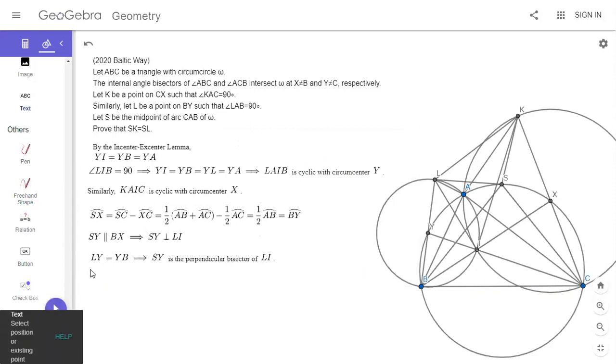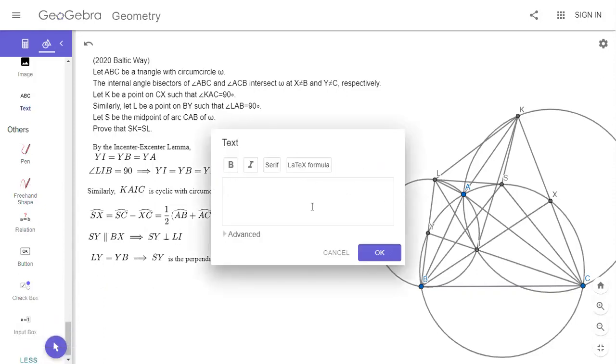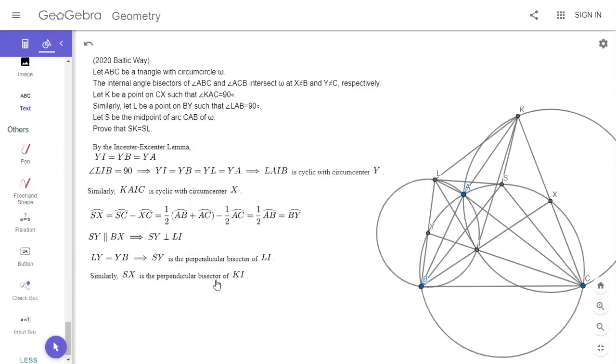And similarly, SX is the perpendicular bisector of KI. So that means, since S lies on these two perpendicular bisectors, S is the circumcenter of LKI.